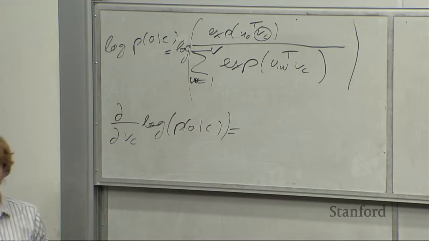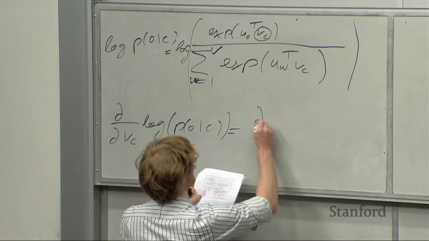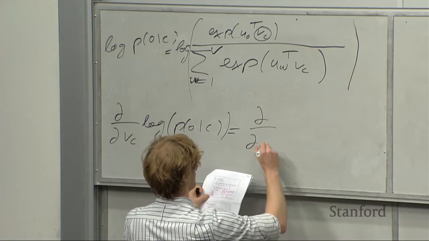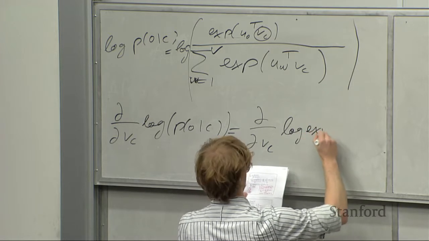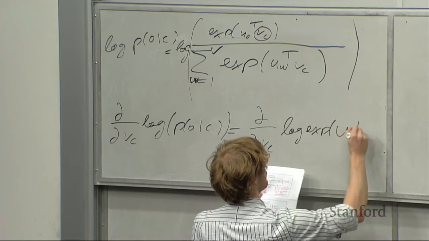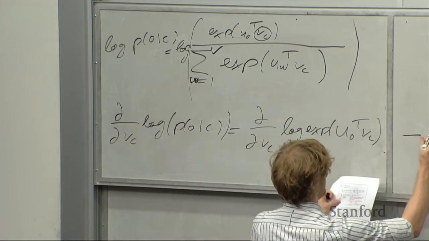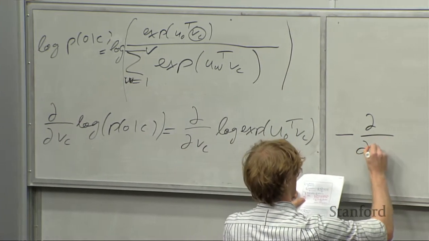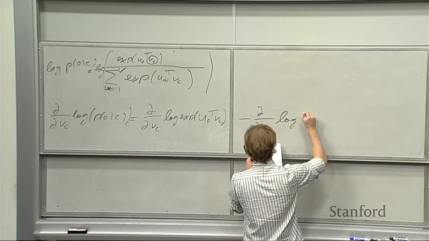That's right. We can simplify that by writing the following. Take the log first of the top, and we subtract that minus the derivative with respect to V_c of the log of the bottom.